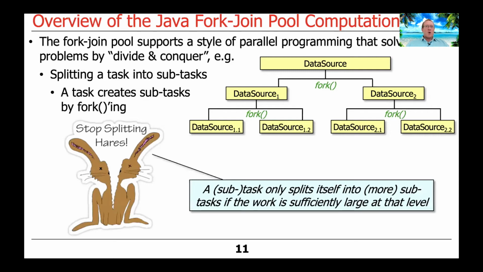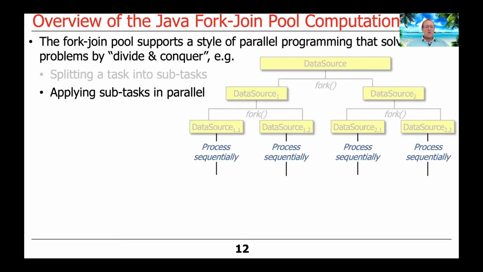Typically, tasks or subtasks will split themselves up into smaller and smaller pieces until the work becomes too insignificant to split further. At some point you will stop splitting or stop forking, and then you'll just go ahead and directly solve those problems. Once you split everything up into atomic sized chunks, those atomic sized chunks will all run in parallel, but each chunk will be processed sequentially.